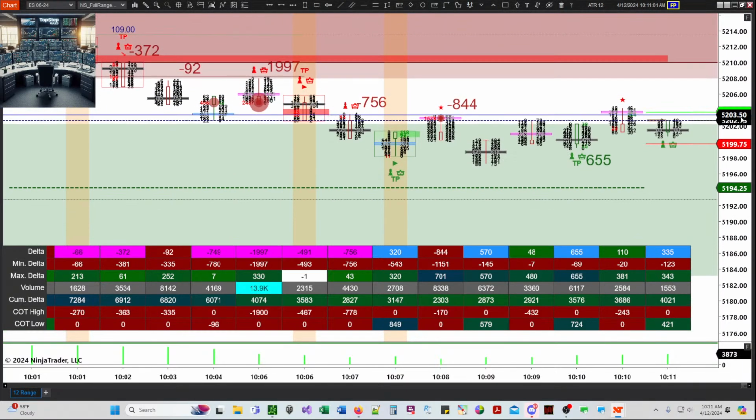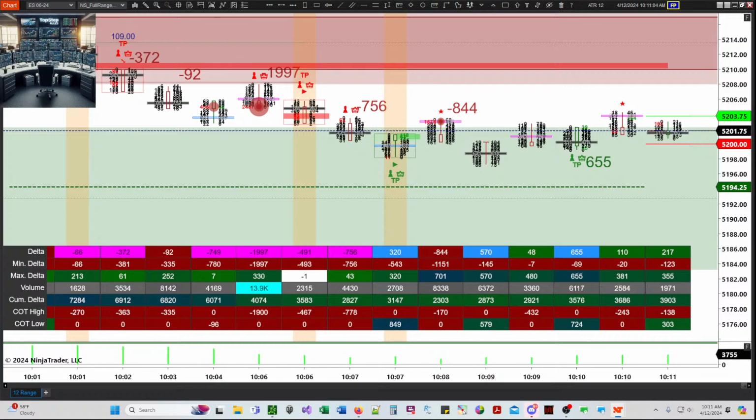Went right down here into this, looks like we got a pretty big fair value gap down here. Yep, pretty big gap.